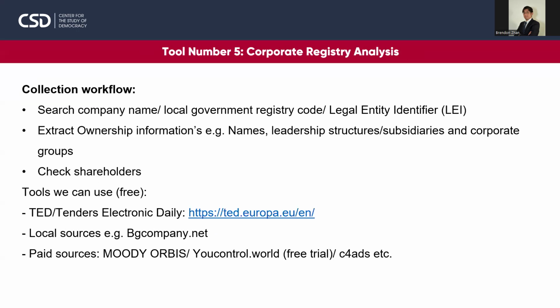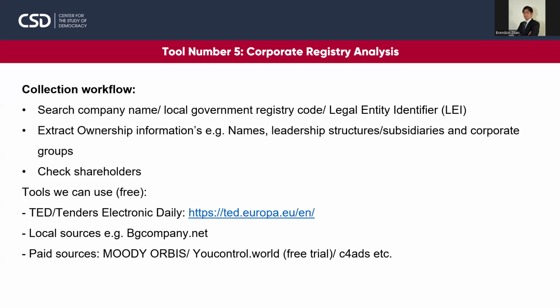Now we are going to look into corporate registry analysis. Corporate registries allow us to identify ownership structures. This is probably the most powerful tool out there. Typical searches include company name, registry code, and legal identifiers. Important information can include ownership, the entire structural map of the management, subsidiaries, number of employees, total revenue, turnover, and corporate groups.